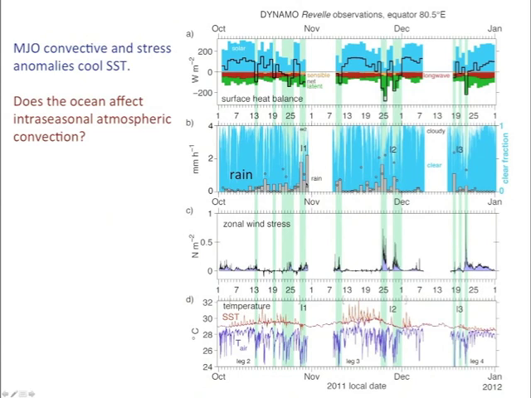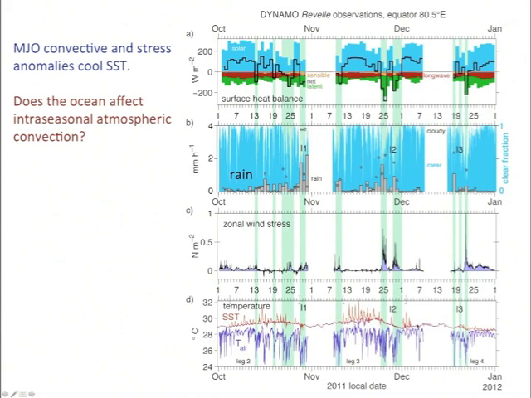Now, these convective events are also clearly intraseasonal variation of convection, and the fluxes are also clearly affecting the sea surface temperature, with the sea surface reaching 3 maxima during DYNAMO, although the third one is arguably not very well observed.